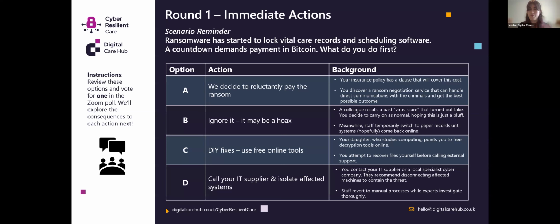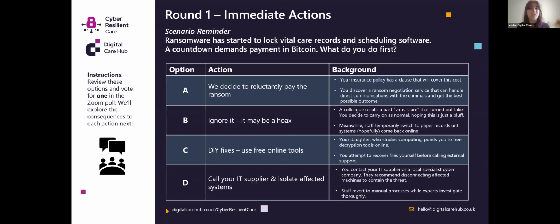Of course, we might think about insurance and security. Handing over control to your insurance or to someone else to handle this might ease immediate pressure, but compromise long-term resilience if the root causes, so the backups, staff training and system hardening, remain unaddressed.